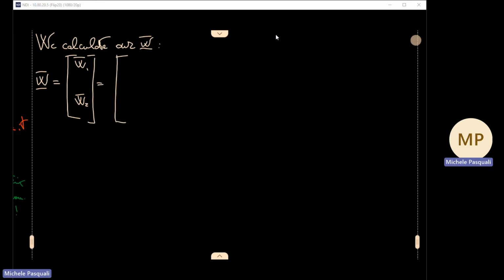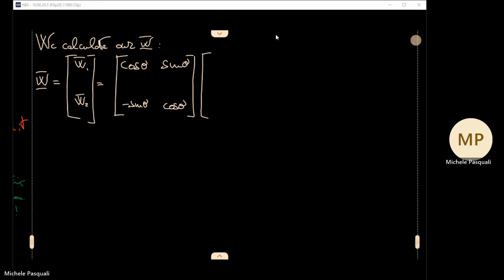It's A transposed, if you go and check, applied over P minus r.